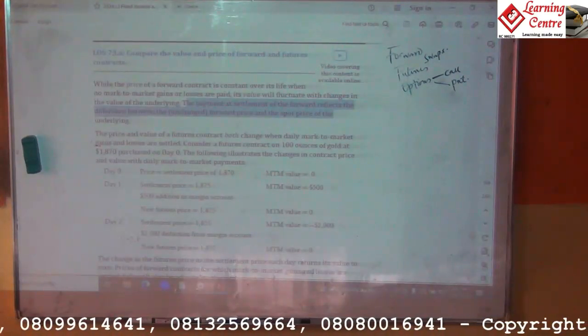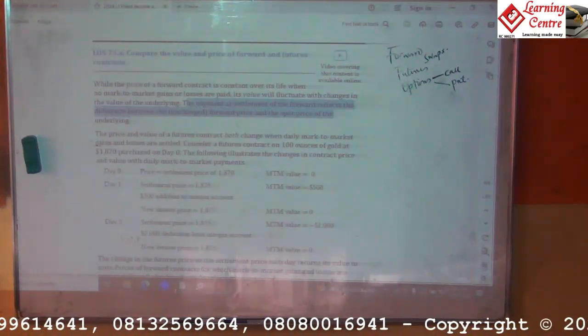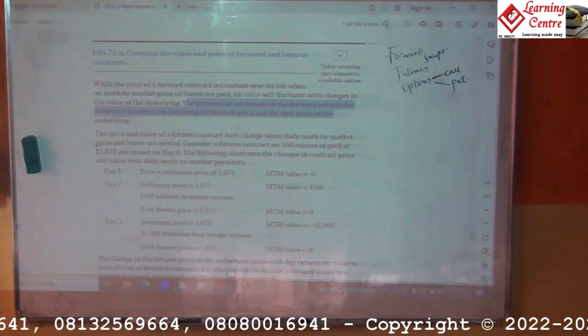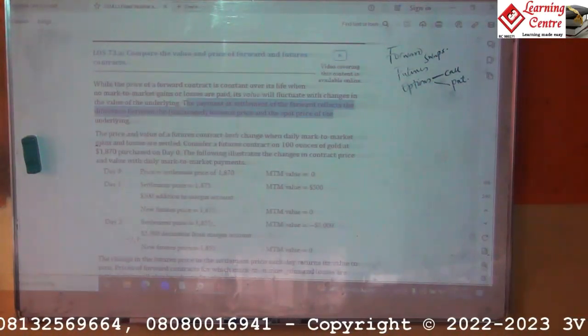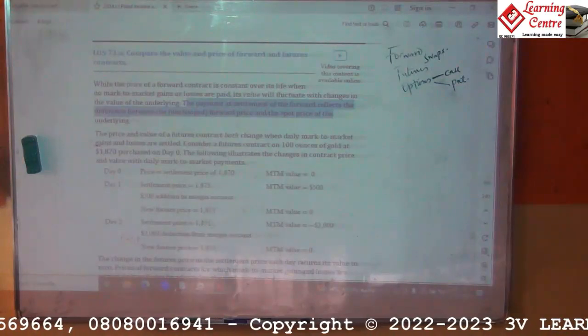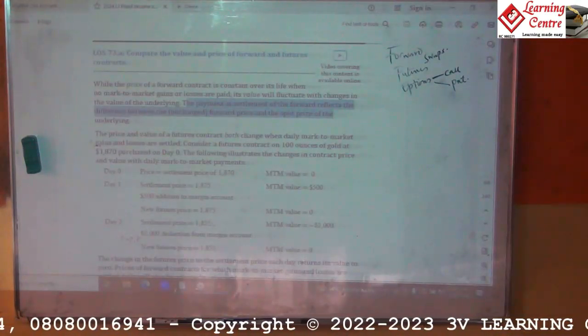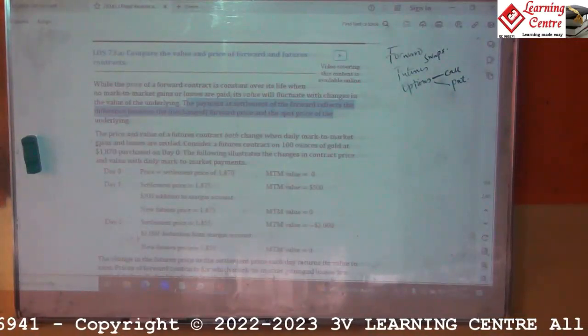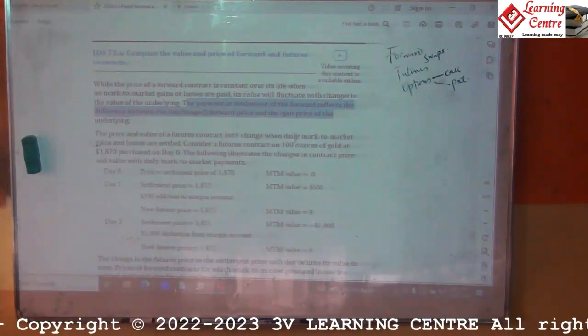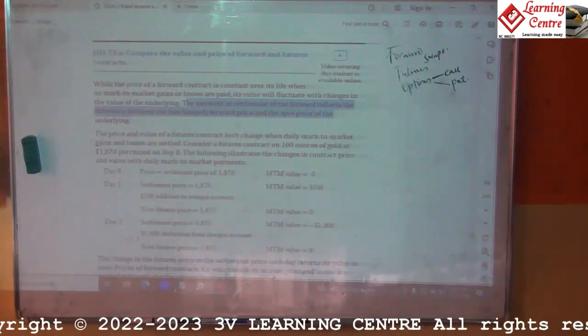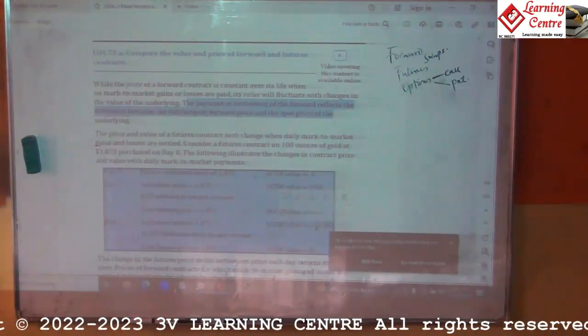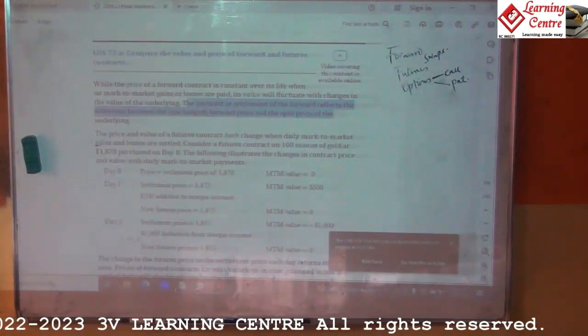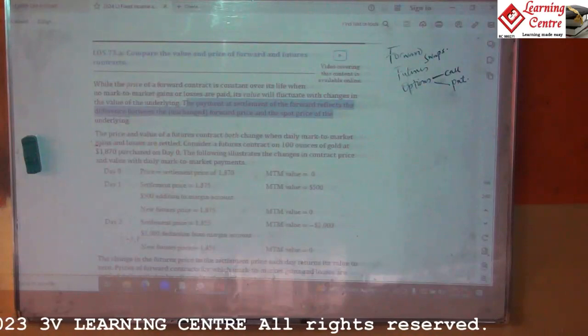Now day two, the price has gone down to 1,855. So again there's a movement in price of $20, sorry. Now what is the value? That $20 multiplied by that same 100 means the value has gone down by 2,000. And this is the new futures price.